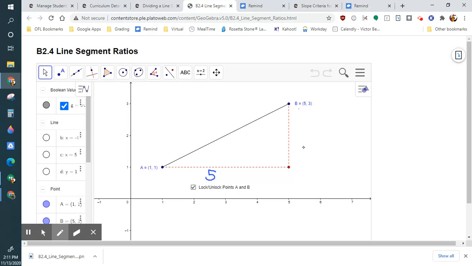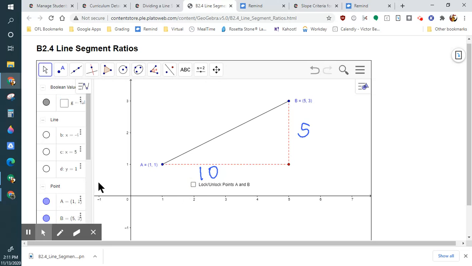And then, let's make this 10. We're going to make this a really easy problem to do. We're going to make this 10, and we're going to want to make this 5. So if we want to make this 10, we're going to want our B. So I'm going to unlock it, but I'm going to make this a little easier to do.